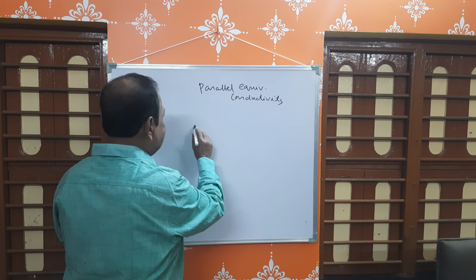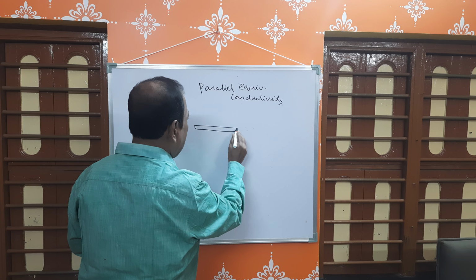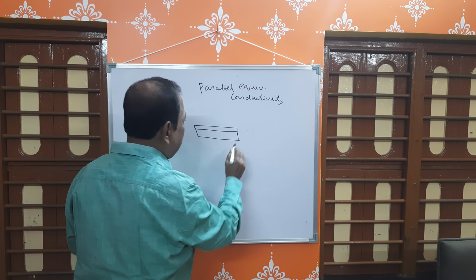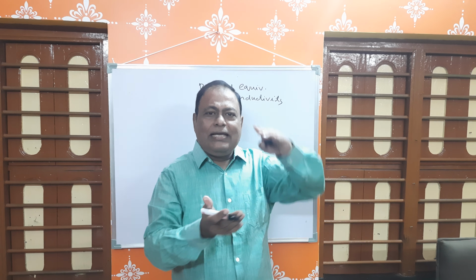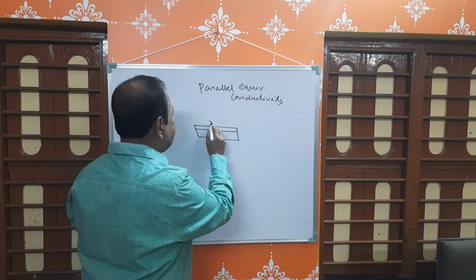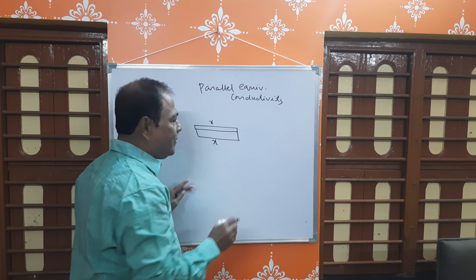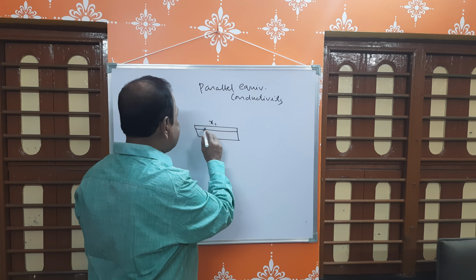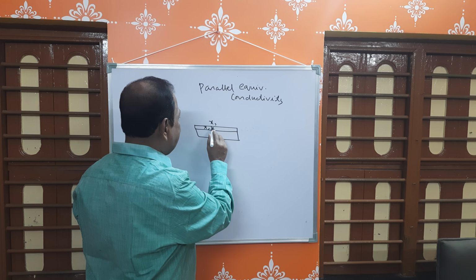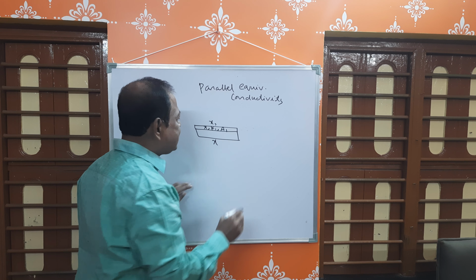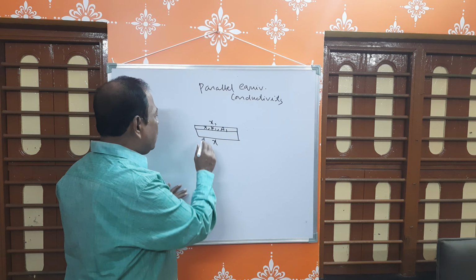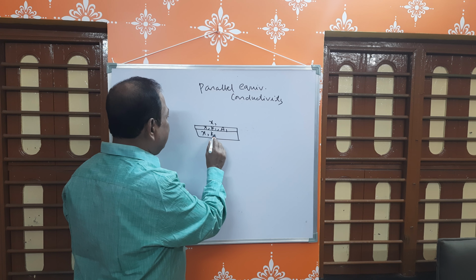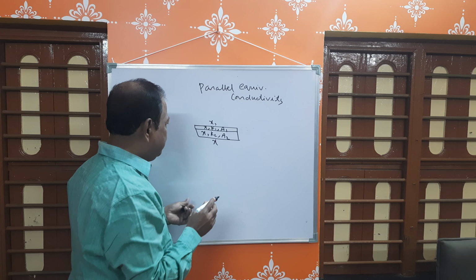Here what happens? This is one rod, this is another rod, stacked one after another. Here we consider the thickness to be the same, that is, this thickness is x, this thickness also x. Area of cross section is different. Here this is x, this conductivity is k1, this area of cross section is a1. For the other rod, it is x, k2, a2.